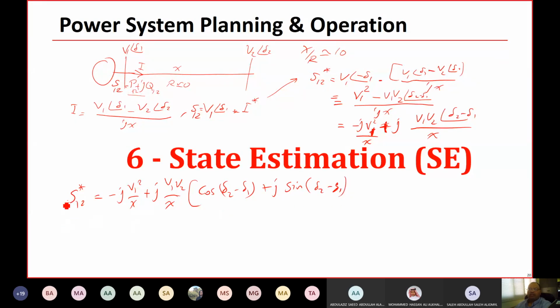Keep in your mind that this is equal to P12 minus jQ12. This is the conjugate.